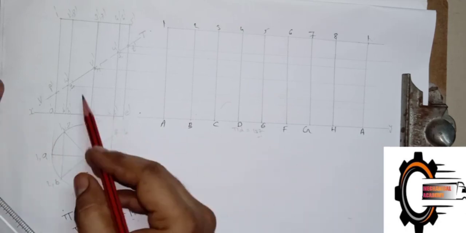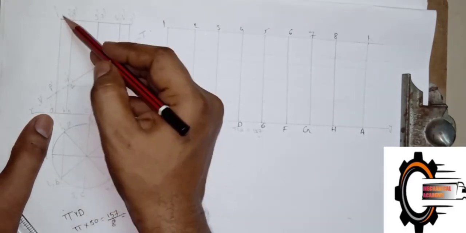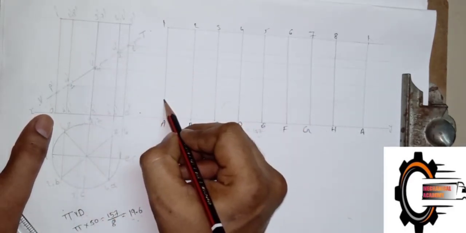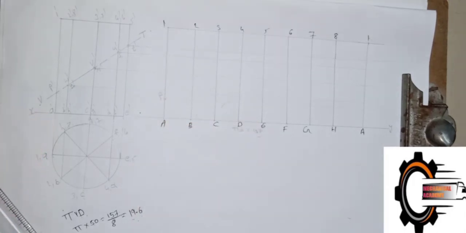Now coincide the points. The P point is on the 1 dash and A dash, so here is the P point. These points I will mark with the pen.